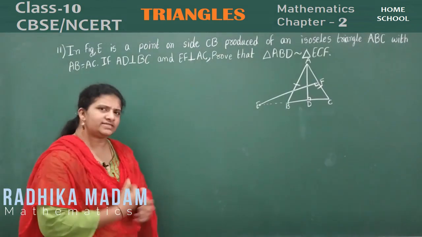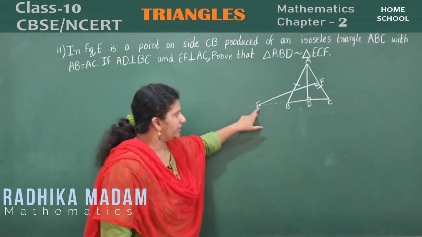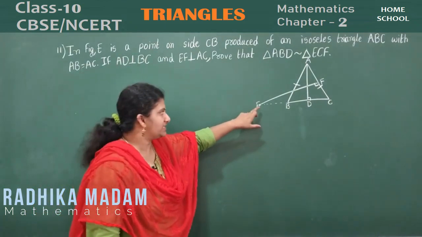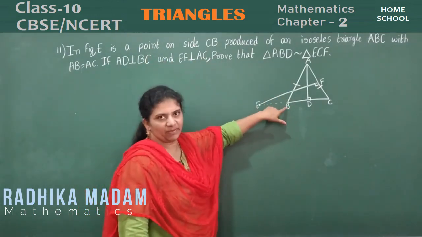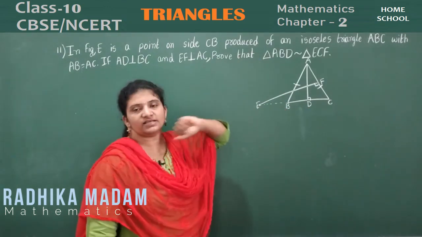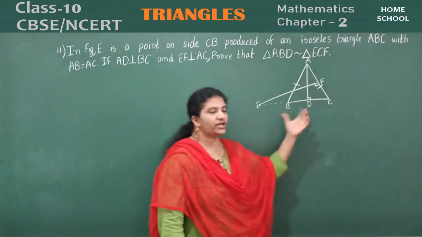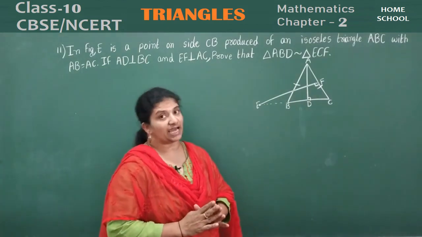So now what is given here in this problem, children? E is a point. Can you see the point E? Yes, E is a point on side CB when produced of an isosceles triangle. So look here children, first observe here, ABC is a triangle which is isosceles.